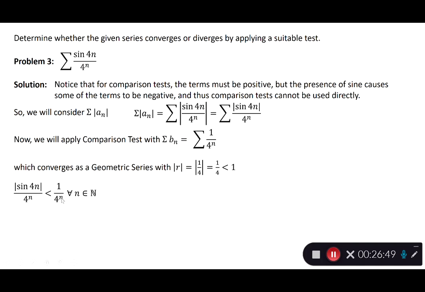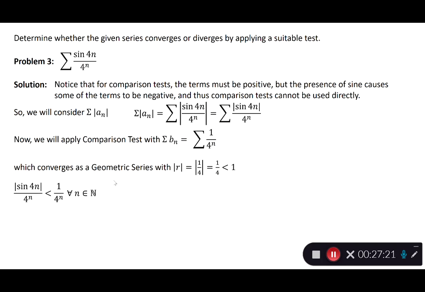The denominators are the same, but we know that absolute value of sine 4n will occupy only values between, you tell me, what kind of values will sine 4n take? Sorry, let me go back. What kind of values will sine of 4n take? Values between -1 and +1. Would you agree?